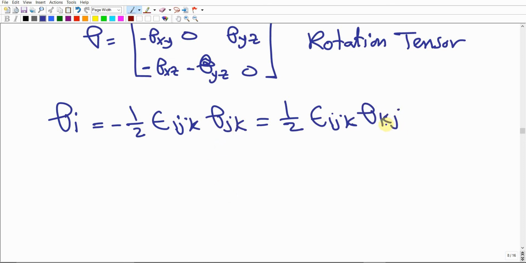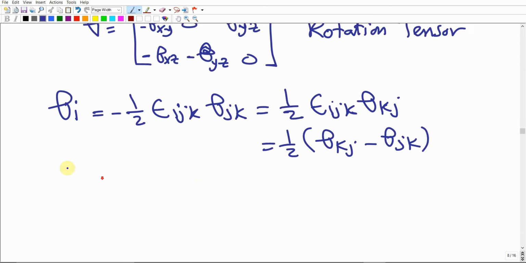Remember that the characteristic of a skew symmetric tensor is that theta i j is the negative of theta j i. So to get rid of the negative, theta j k is equivalent to negative theta k j. I can write this into the form of a half of theta k j minus theta j k.